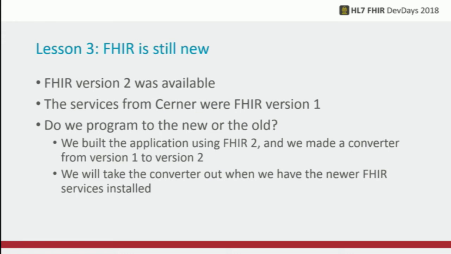What we did is program against version 2, and then put a widget in the middle that would convert that to version 1 to talk to the Cerner services. In production we're still on version 1. Version 3 is going to be available, so we'll pull that converter out when we get to a new version.